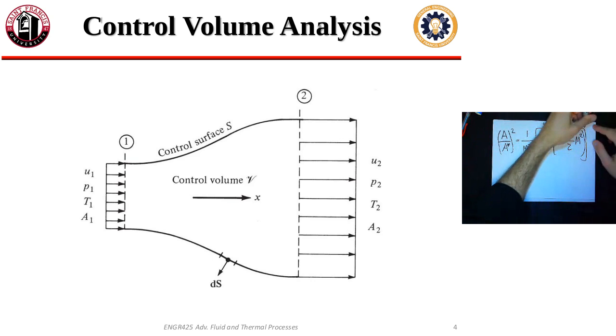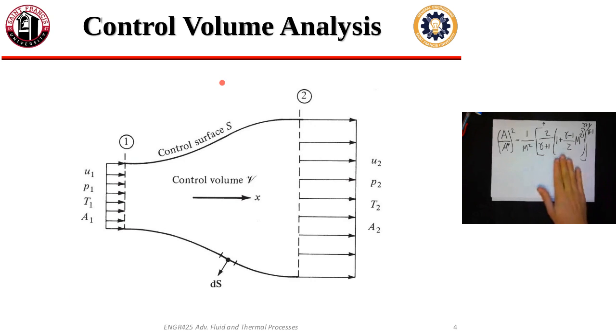So we'll raise to the gamma plus 1 over gamma minus 1. And that is an analytic form of our area-Mach number relation. And this is in the end what's tabulated in the back of the book in your isentropic flow tables.